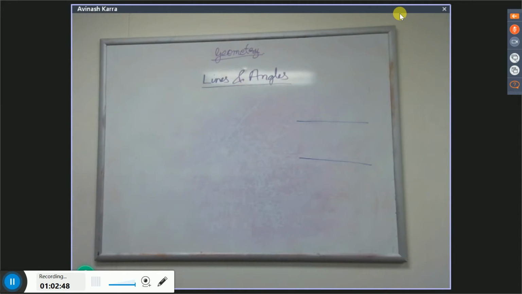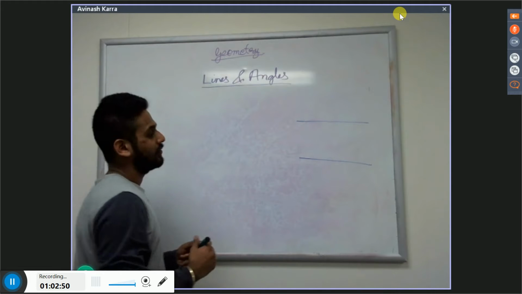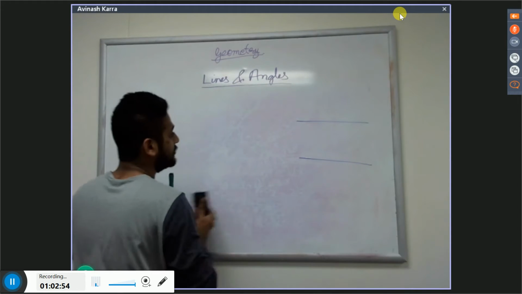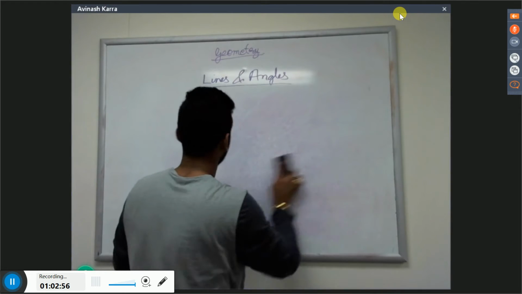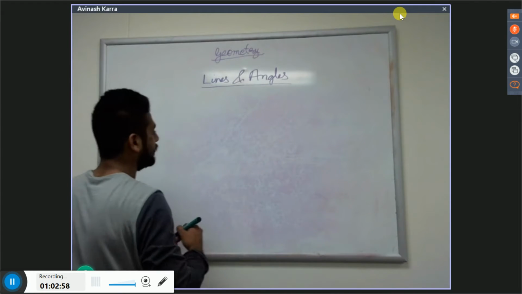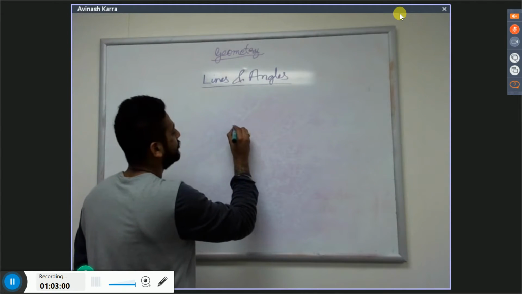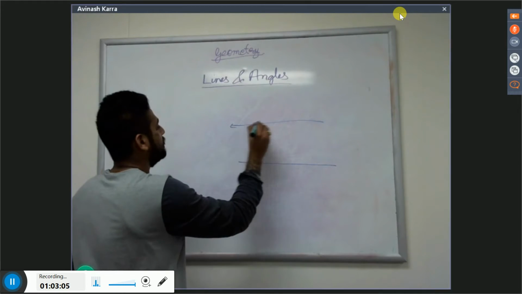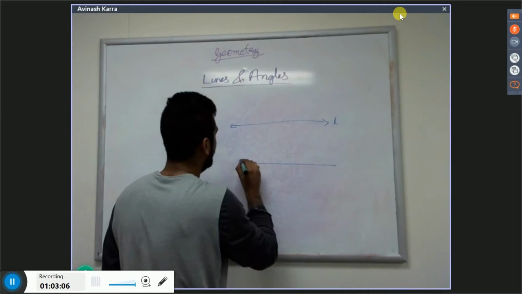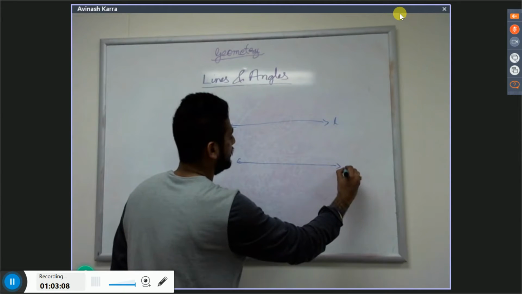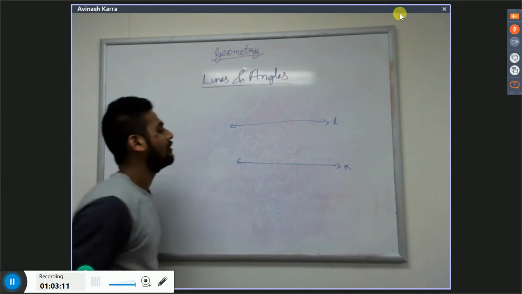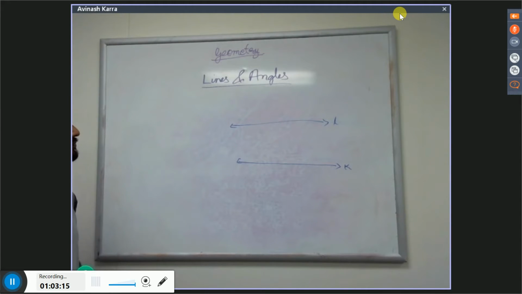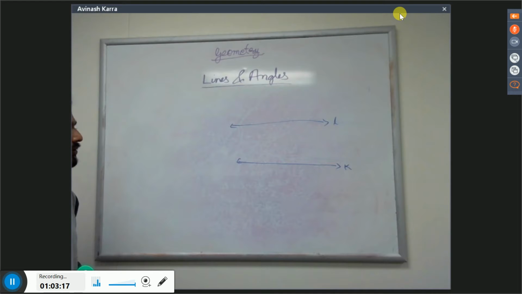Now, coming to two parallel lines. Let it be L, let it be K. What do you mean by parallel lines? Lines that never intersect.